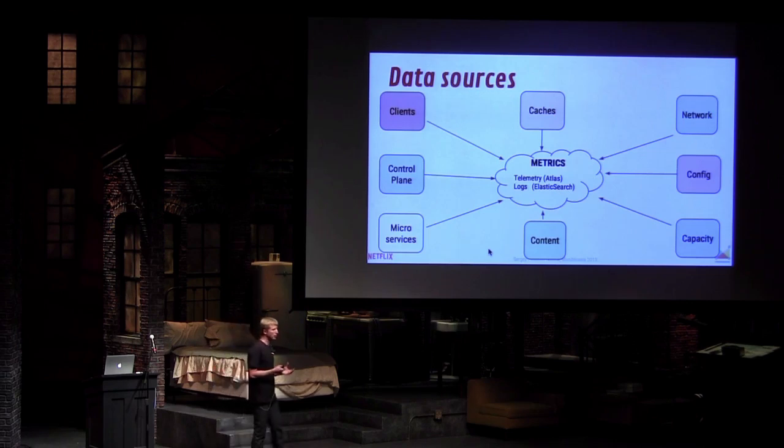And for log type of data, we use systems built on top of Elasticsearch. So we receive data from the network, from routers, data from the servers, data from the cloud applications, data about capacity and configuration. We have services running that manage the configuration of the whole caches, the control plane, data about the content, stuff like that. And data comes in different formats. It's fully asynchronous, and it's very hard to have any centralized control over it.